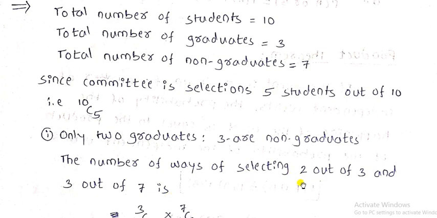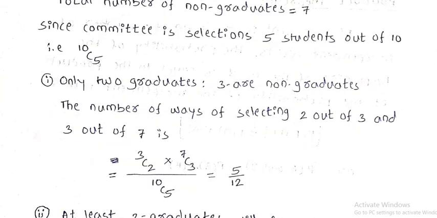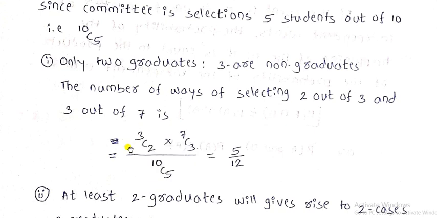So it is denoted as 3C2: out of 3 students, 2 are graduates. Second, out of 7 students, 3 students are non-graduates. So these are the ways of selecting the students.